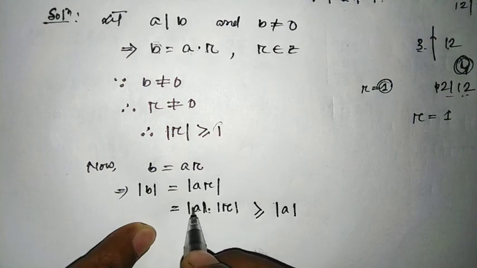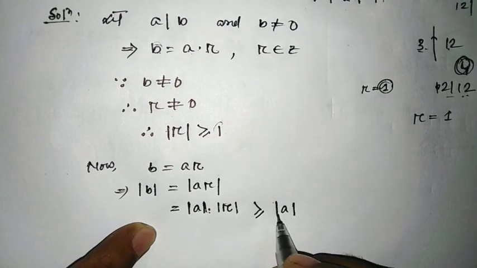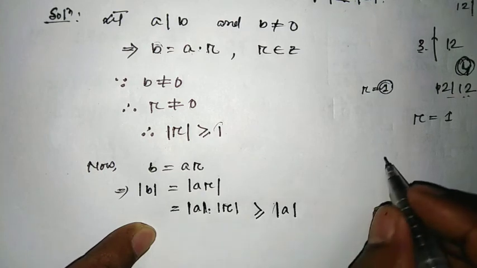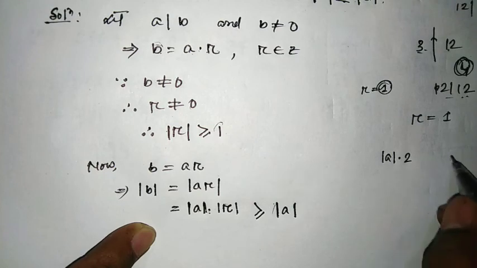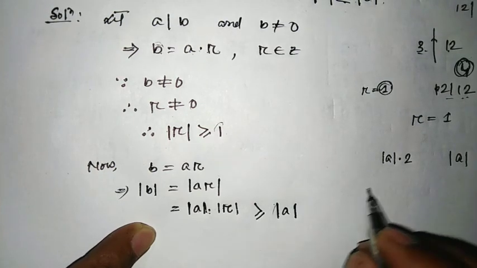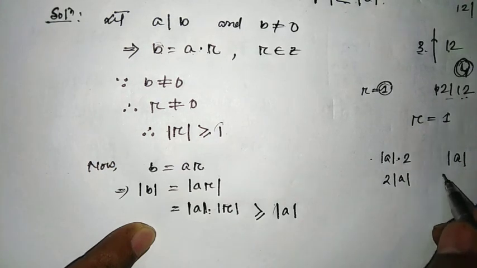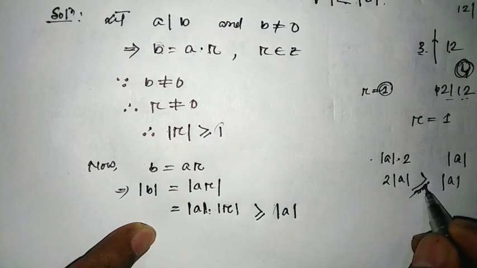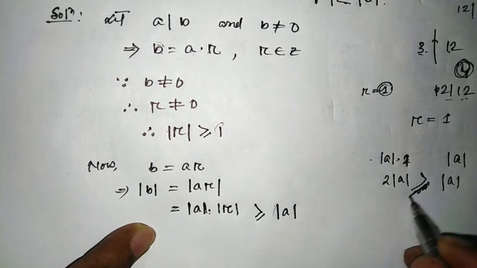This whole thing is greater than or equal to modulus of A, because when R is 1, then modulus of A will be equal to modulus of A. Since R is taking either 1 or greater than 1, when R is greater than 1, then modulus of A into some value is greater than modulus of A. If we write modulus of A into 2, it is greater than modulus of A or not?